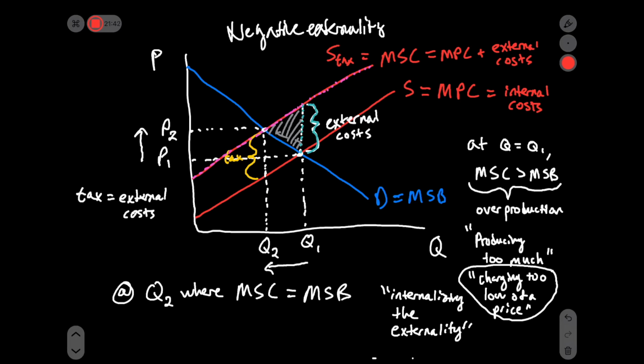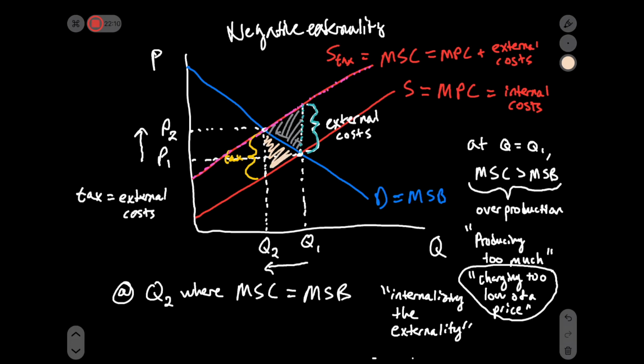Of course, the tax incidence will be determined by the slopes of supply and demand. And in previous cases, we saw that this would create a deadweight loss in the amount of this little tax wedge here.